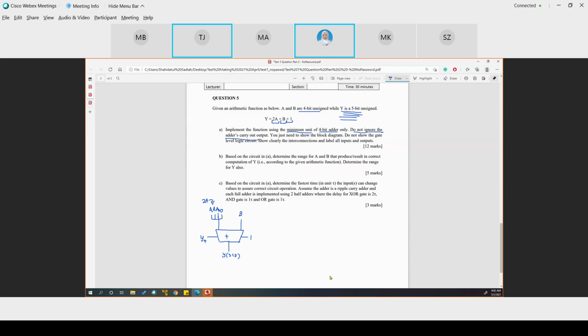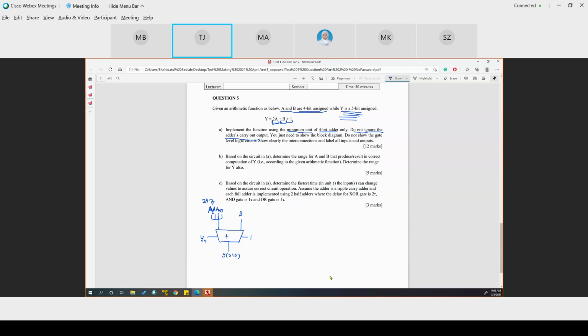Doctor, A is a 4-bit number, so should it have A3 there? Because we want to make it 2A. A is not a 4-bit number, the adder is 4-bit. The question up there says that A and B are 4-bit unsigned. But then we want to make A into 2A, so we shift. A has 4 bits, so you have A3, A2, A1, A0.